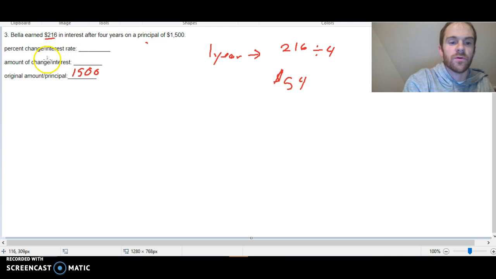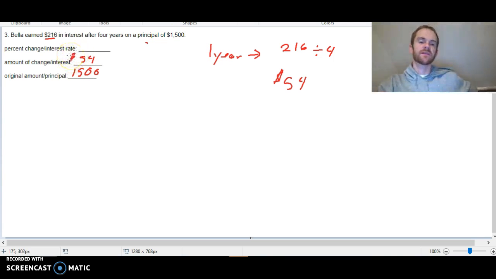Okay, so where does that go? Well, it's not a percentage, so that's my amount of change. That means that in 1 year, her amount of money in the bank changed by $54. And in this case, it went up by $54. If it was a loan, then that amount would still go up, but she would just have to pay that back.